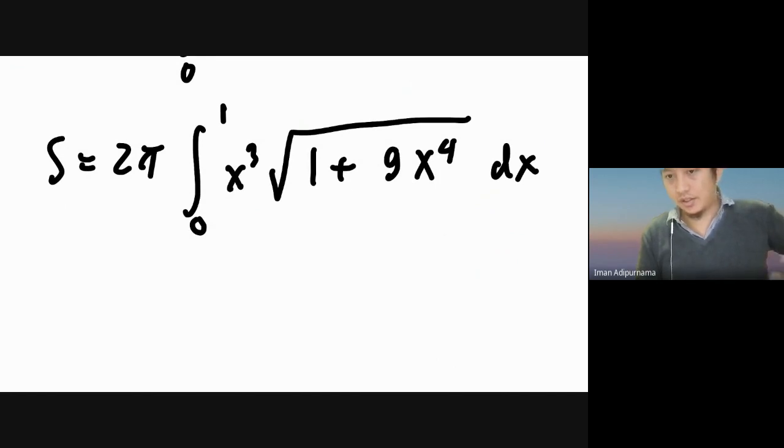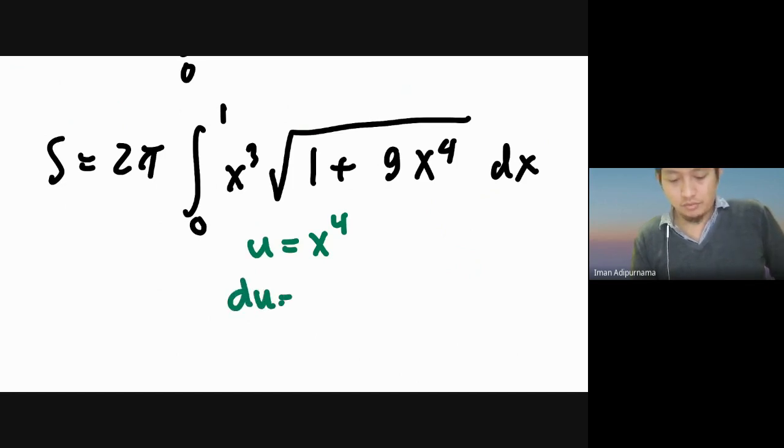We can see it clearly that we may have the x to the fourth as our u if we want. Because if we check the du, this will be 4x cubed dx.